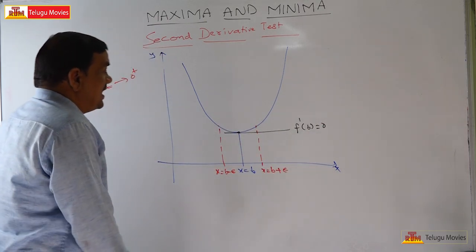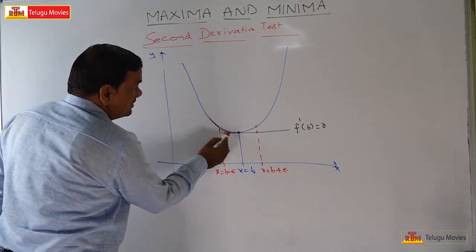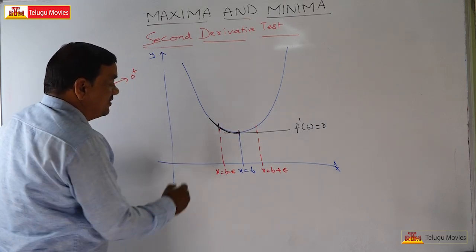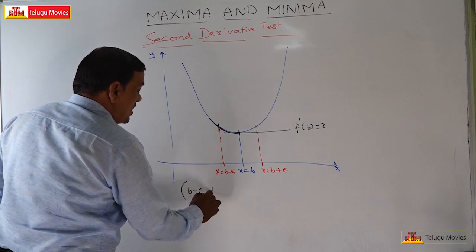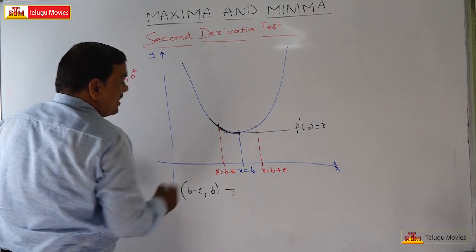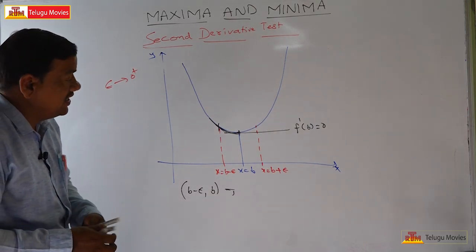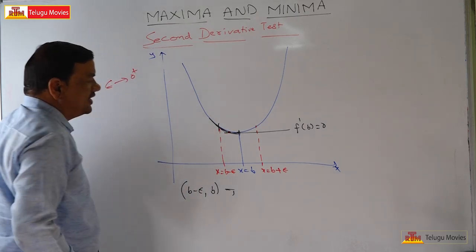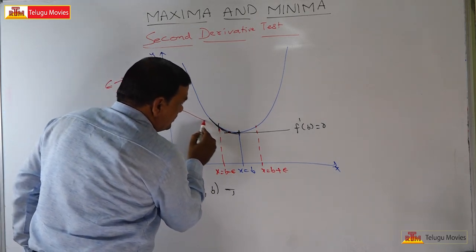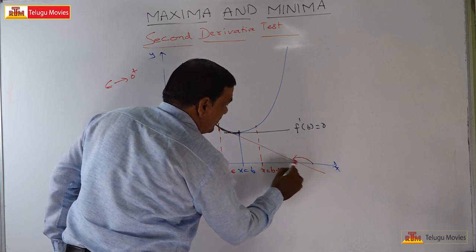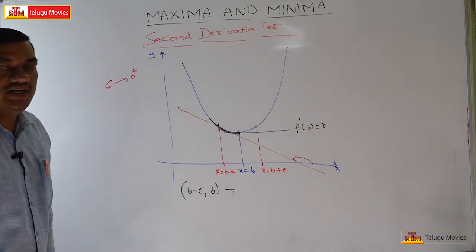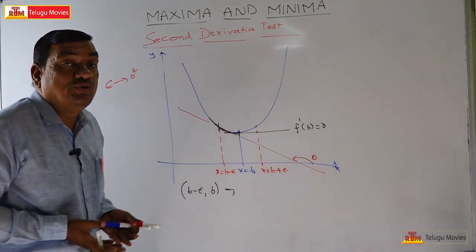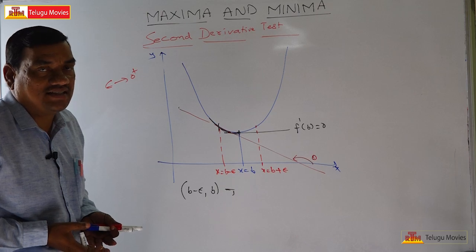Now, let us see what happens on this side, in the interval b minus epsilon to b. In this interval, how many points will be there? Infinite number of points. Let us take any point and draw a tangent. Definitely that makes an obtuse angle with respect to the x-axis.